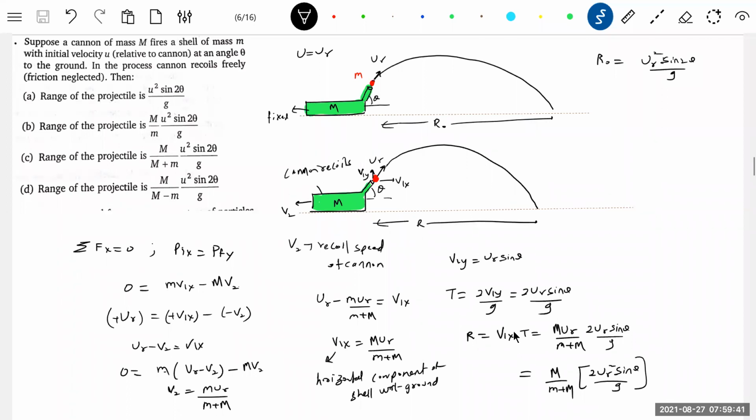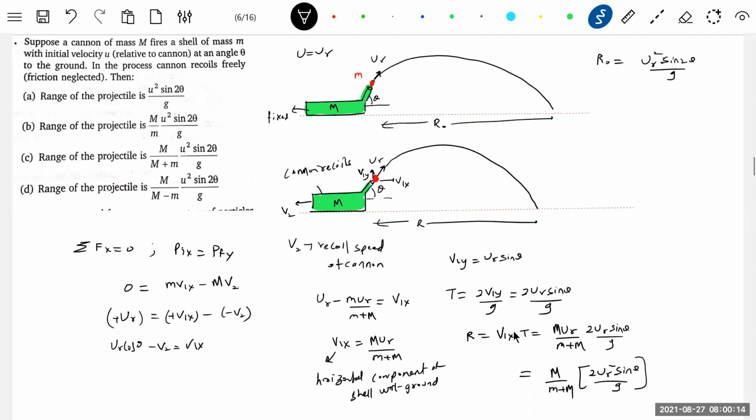ur cos theta. Okay, so some error here. The horizontal component, no, ur cos theta. I have to change everything. The velocity of the shell along the x-axis is not ur cos theta; here we are going wrong. This also will change. Sir, m ur cos theta you can make. Yeah, m ur cos theta will come.